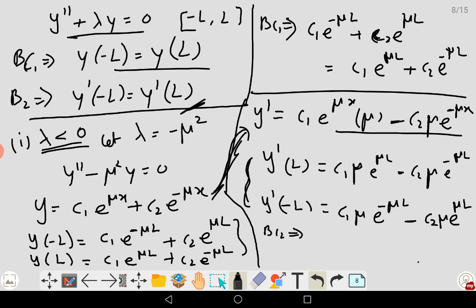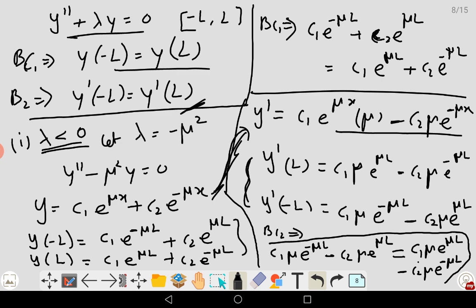Boundary condition 2 gives c1 mu e power minus mu L minus c2 mu e raised to positive mu L is equal to c1 mu e raised to mu L minus c2 mu e raised to minus mu L. This is the conclusion from boundary condition 2.